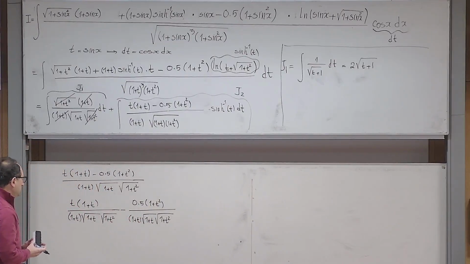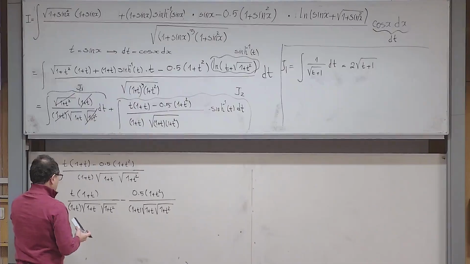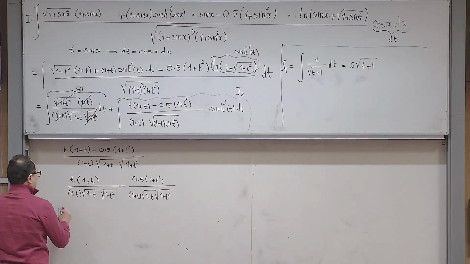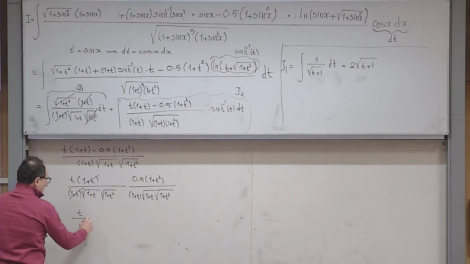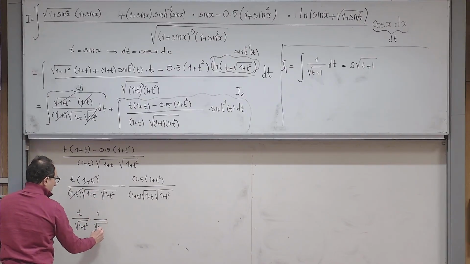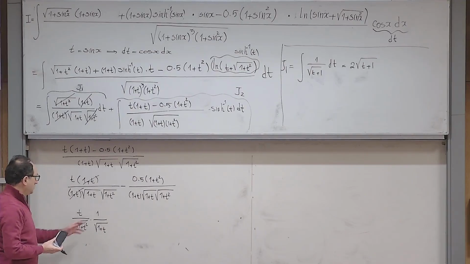But let us try to simplify to see if there's something good coming out of it. So this and that are gone. And I will write this t with this one in its denominator, multiplied by 1 over square root of 1 plus t. Yes? 1 times t is t, and this 1 times that one is what is left.